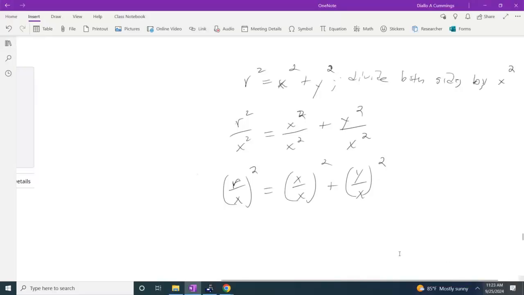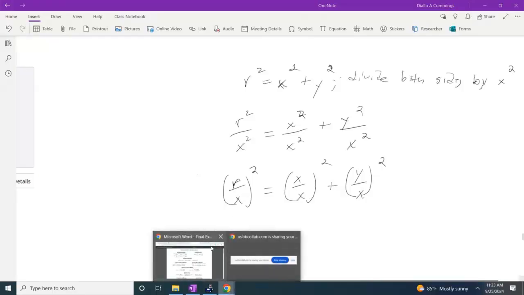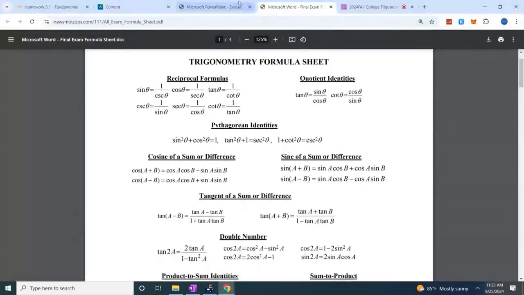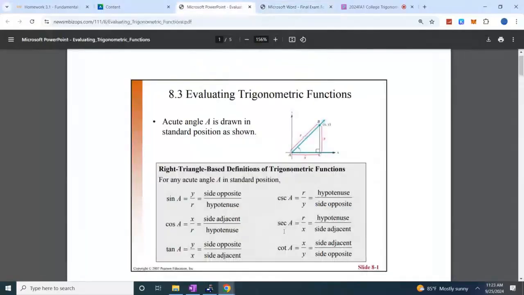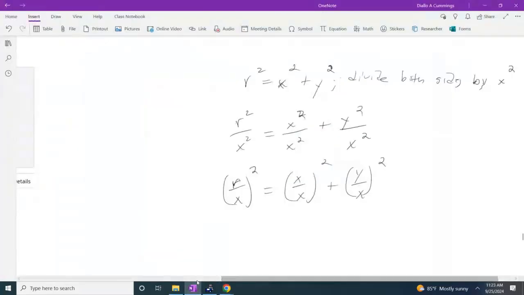So out pops the next relationship. R over x, if I go back, r over x is going to give us the secant. So this is going to be secant squared theta.